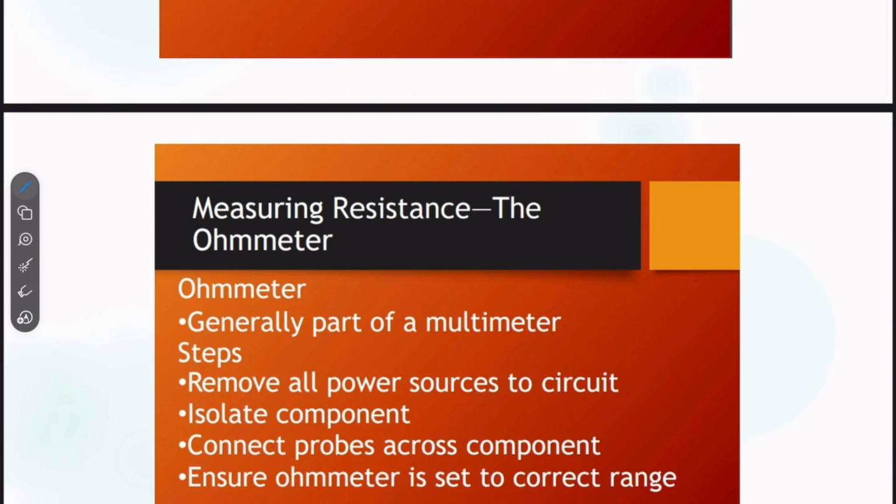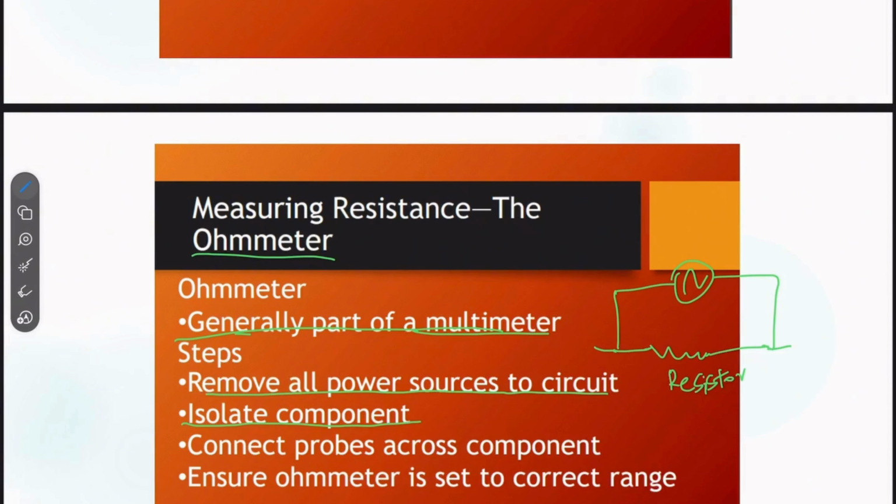Measure resistance with the ohmmeter. So we use an ohmmeter to measure the resistance. So let's say we have a resistor here, this is how we represent the resistor in the circuit. We have to isolate the resistor from the circuit, then plug our ohmmeter right on it. So that's our ohmmeter steps. We remove all the power source to the circuit, isolate the component, connect the probe across the component.